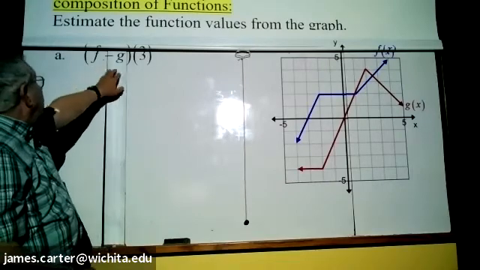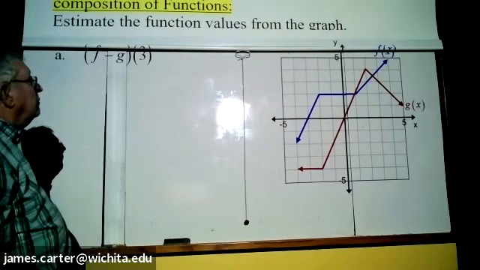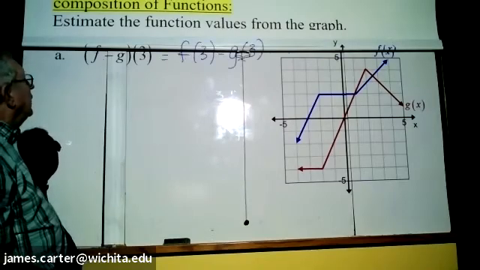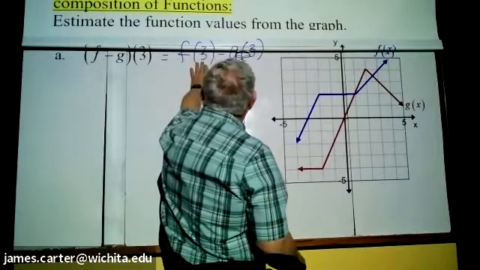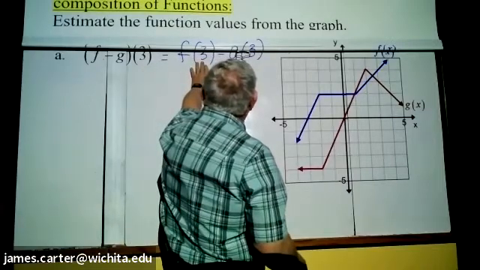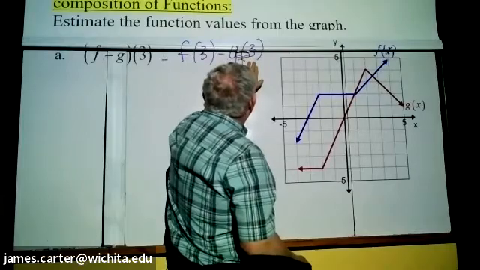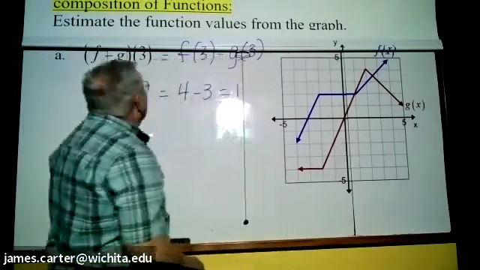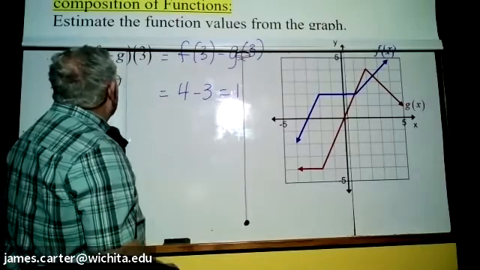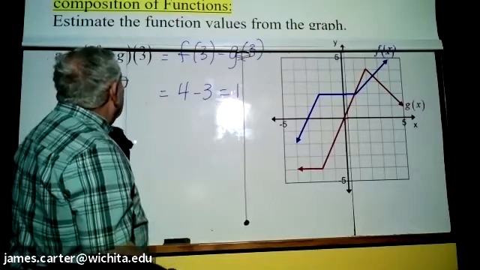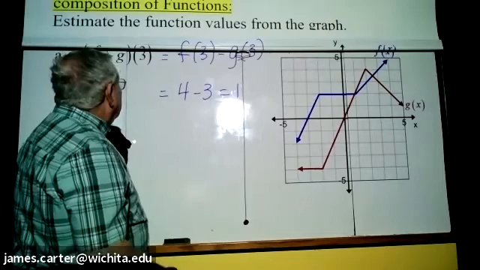If we do f minus g of 3, okay, we take the f equation at a value of 3, the g equation at a value of 3, and I didn't show you the original f and g equation, so you get 4 minus 3 equals 1.